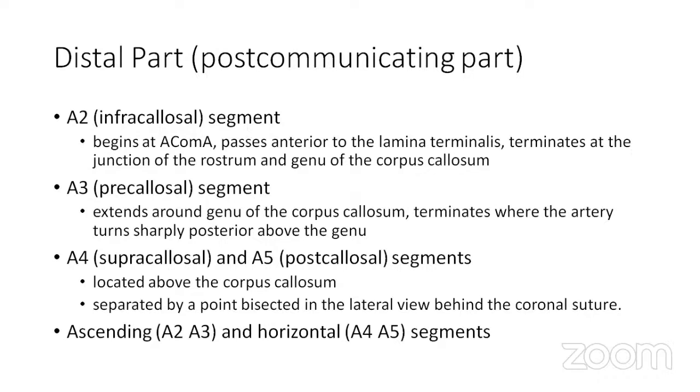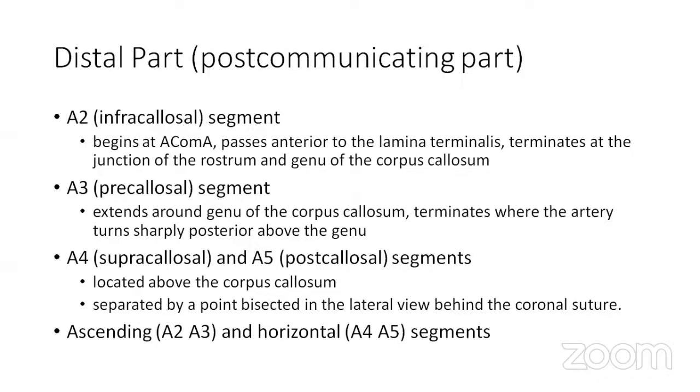A3, called the precallosal segment, extends around the genu of the corpus callosum and terminates where the artery turns sharply posteriorly above the genu. A4, supracallosal, and A5, postcallosal segments, are located above the corpus callosum, separated by a point bisected in the lateral view behind the coronal suture.